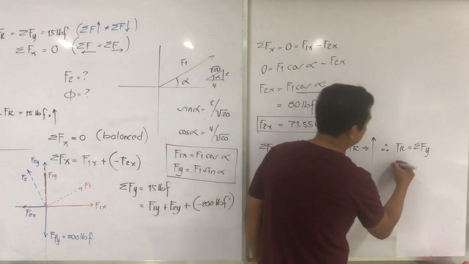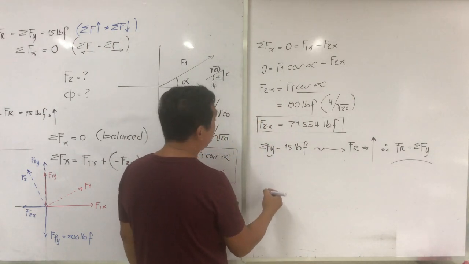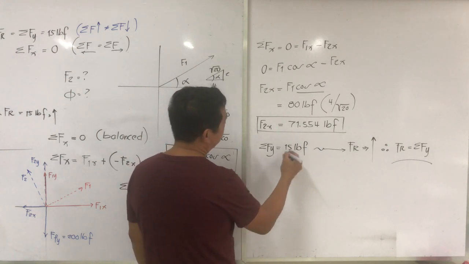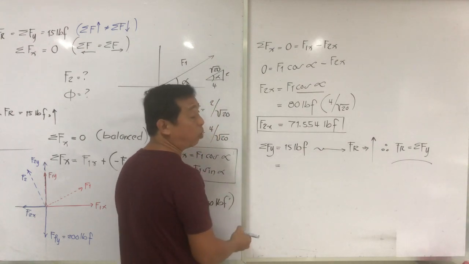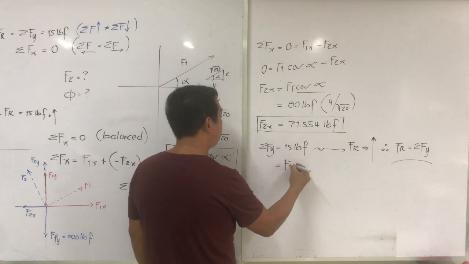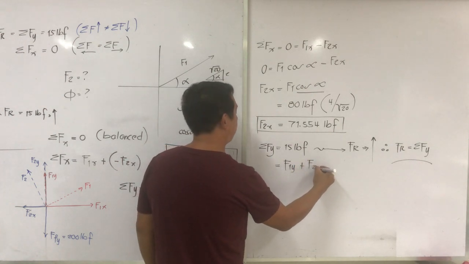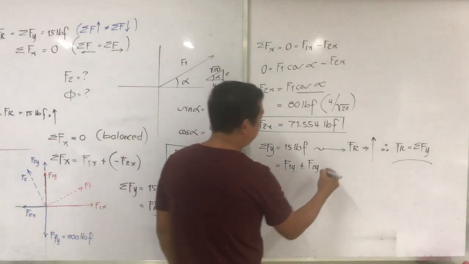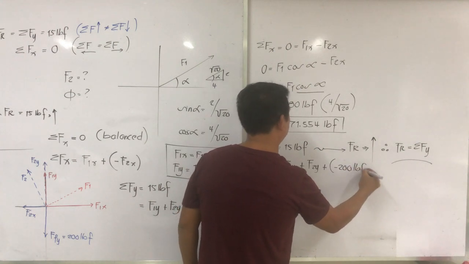Ito, mahalaga yan. Now, continuing, alam natin na yung summation of forces sa y, pag tinotal lahat, ay 15 pound force vertical upward. Sino-sino ba yung pinag-total diyan? Ang tinotal kasi diyan ay yung y component ng F1 which is positive, tapos F2y positive din, tapos plus your negative 200 pound force.